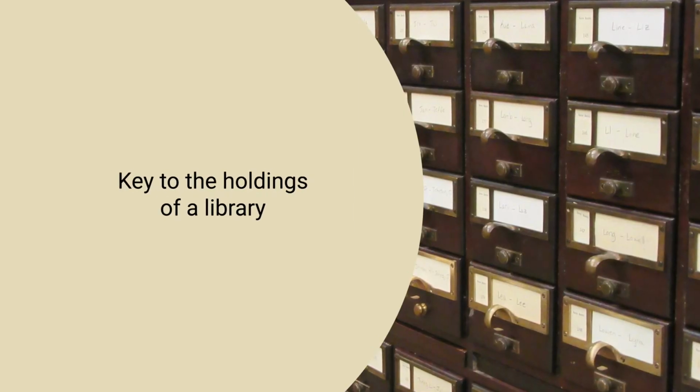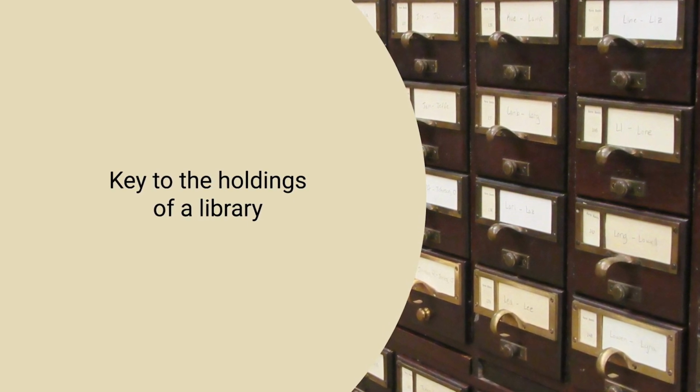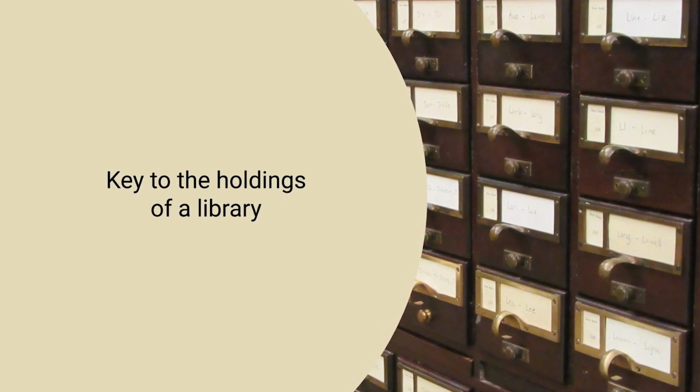Now what is a library catalog? In general terms, it is a key to the holdings of a library. As we have been saying, we have given examples of different situations where there are a large number of things and we need to know what all is there with us.